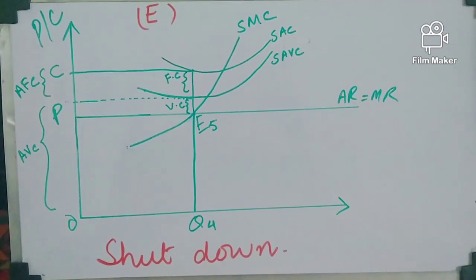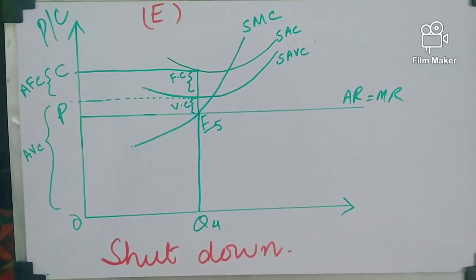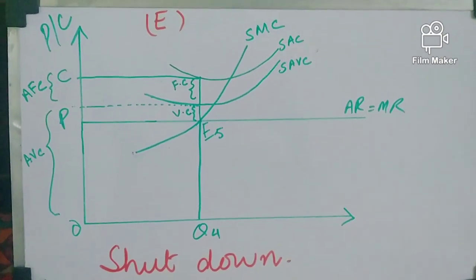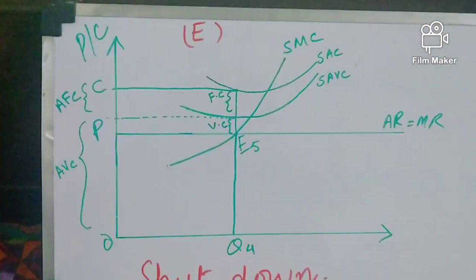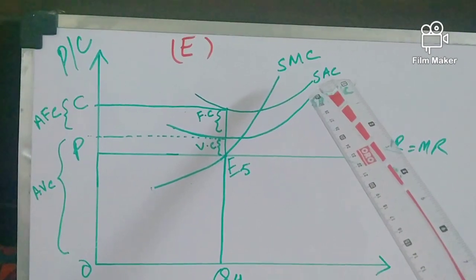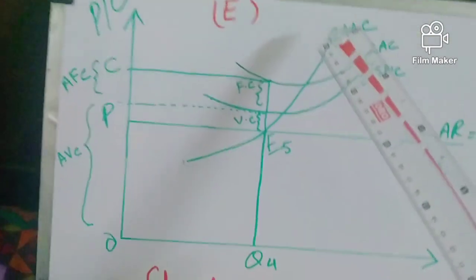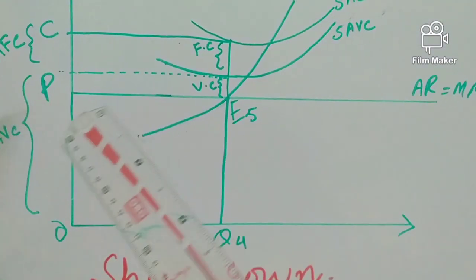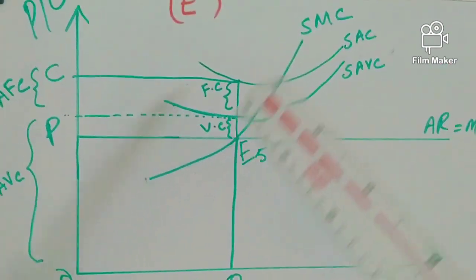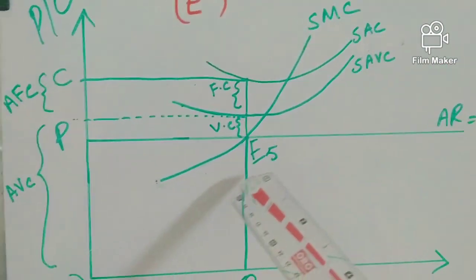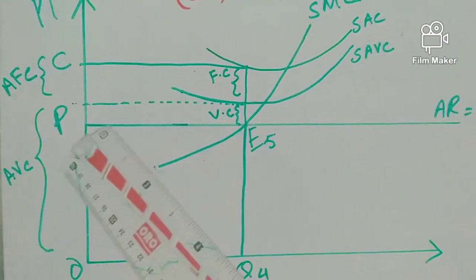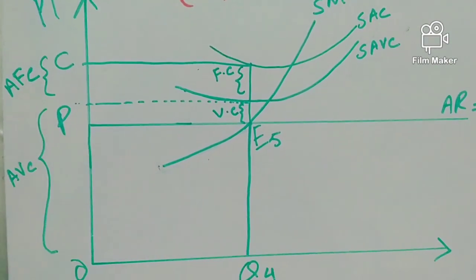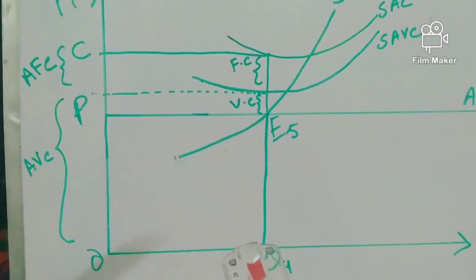Again, price is perfectly horizontal and it is equal to average revenue and marginal revenue. SAVC is the short-run average variable cost, SAC is the short-run average cost, and SMC is the short-run marginal cost curve. Equilibrium will take place at the point where SMC cuts MR from below at point E5. OP is the equilibrium price determined, and OQ4 is the equilibrium quantity determined.